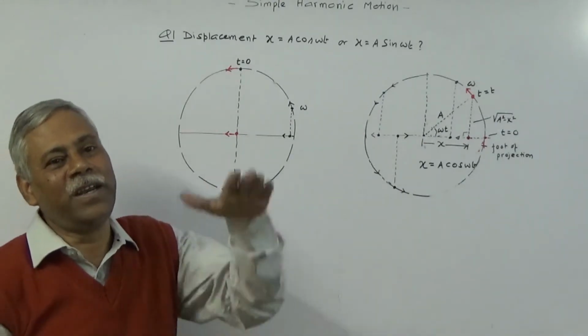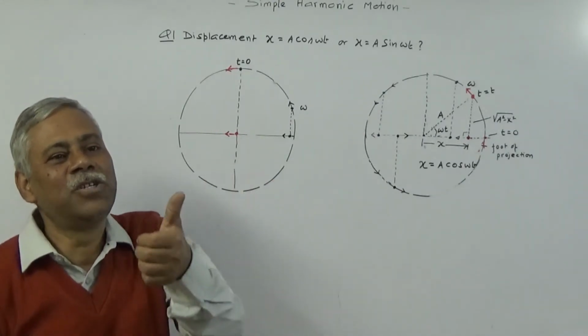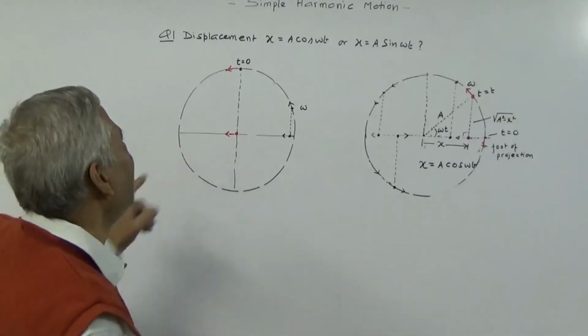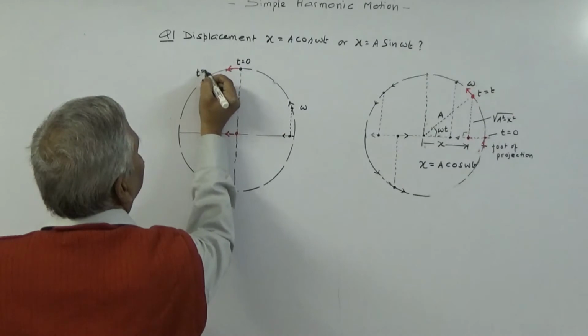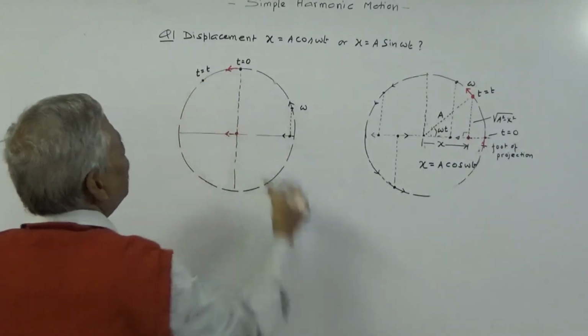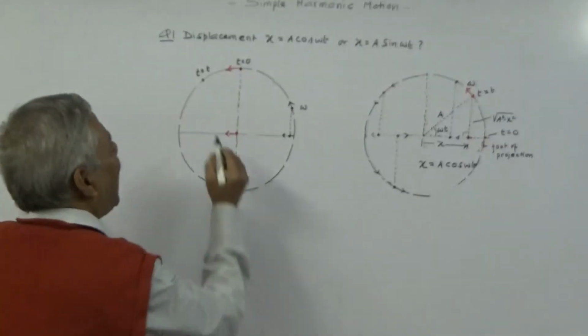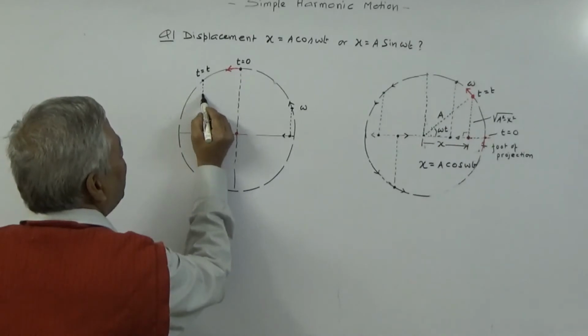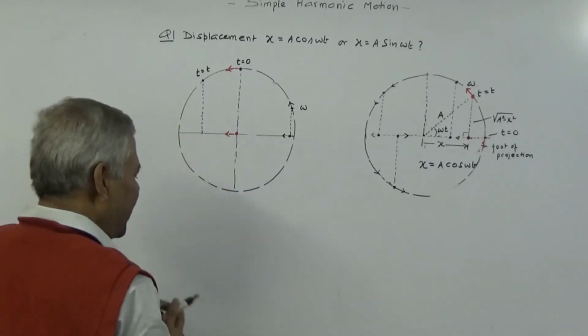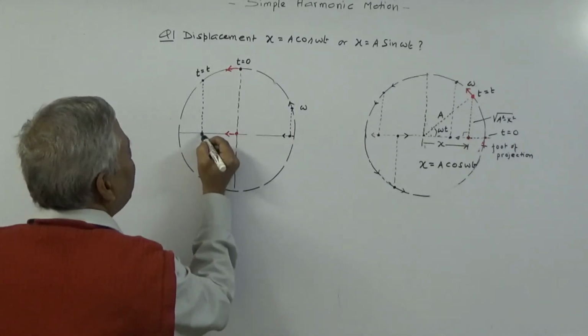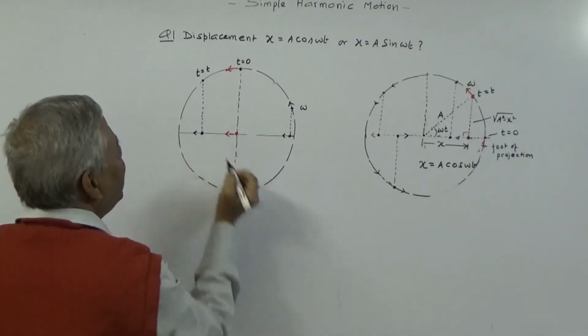The body is oscillating. It all depends on your choice of t equal to 0. Then at t equal to t, the parent particle has moved to this position. At that instant, the foot of projection is here and going in this direction.